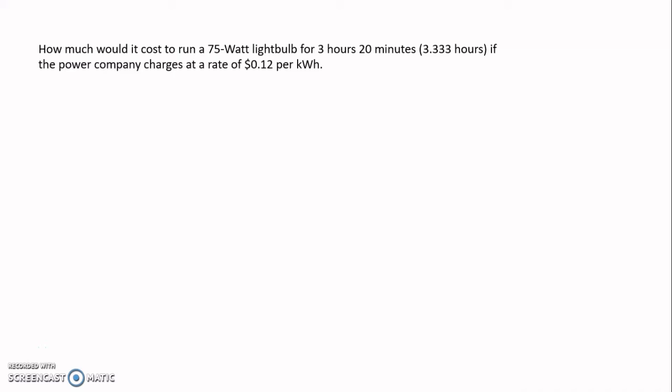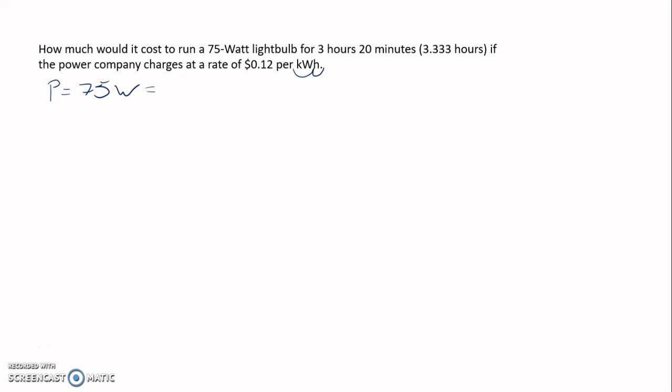So let's take a situation where we have a 75-watt light bulb running for 3 hours and 20 minutes. The power company charges at a rate of 12 cents per kilowatt hour. So we want to know how much it costs in this scenario. So again, our power is 75 watts. But notice our cost is in kilowatts and hours, so we want to write our power in kilowatts.